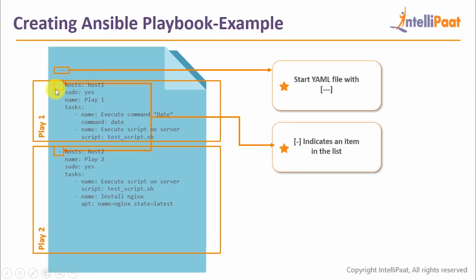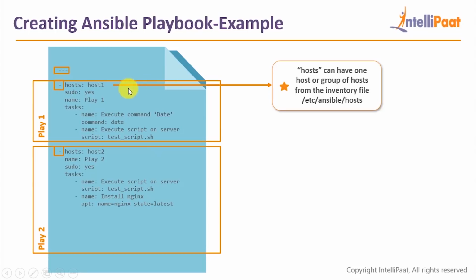For creating a play, I'll have to start with a hyphen. And the next thing that I'll have to specify are hosts. And the name that you're specifying for the hosts over here has to exactly match with the /etc/ansible hosts file. So whatever IP address you have mapped to the host name over there.